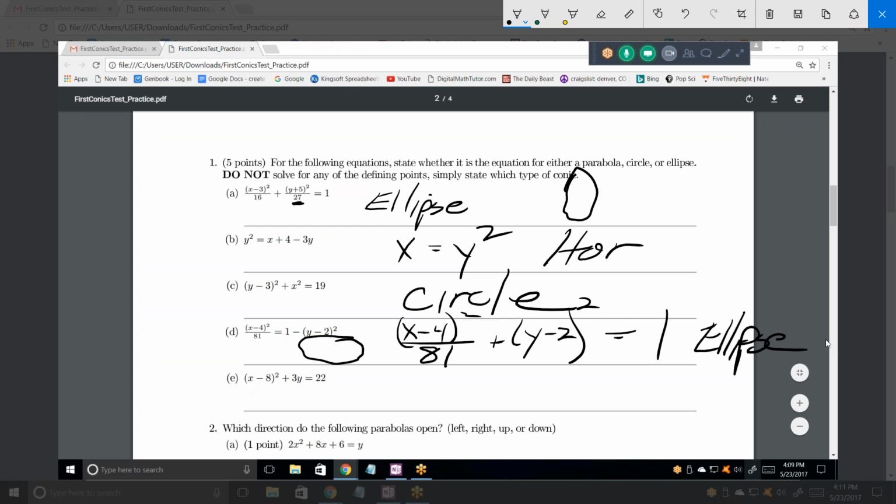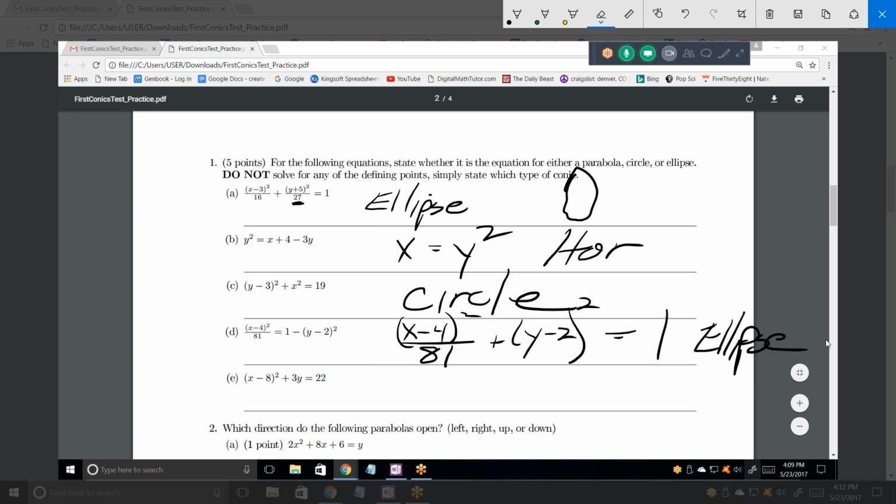What is E? Of the general form, what is E? It can't be a circle. Right? So the thing to notice is that only one of the variables is squared. It's a parabola. That's only true whenever one of the variables is not squared and the other one is. The only thing it can be is a parabola.